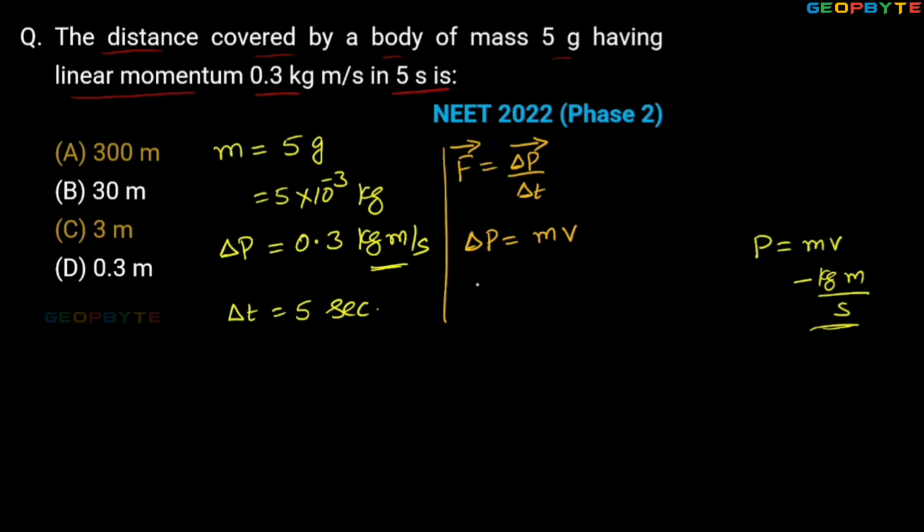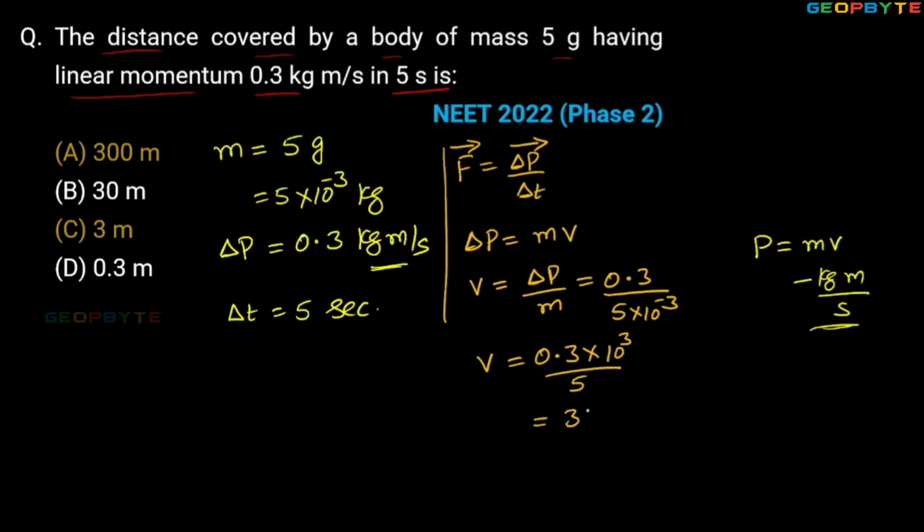From this, velocity equals delta P by mass. Look at the delta P, 0.3 divided by mass, which is 5 into 10 power minus 3. Therefore, velocity equals 0.3 into 10 power 3 divided by 5. It is equal to 300 divided by 5. It is equal to 60 meter per second.